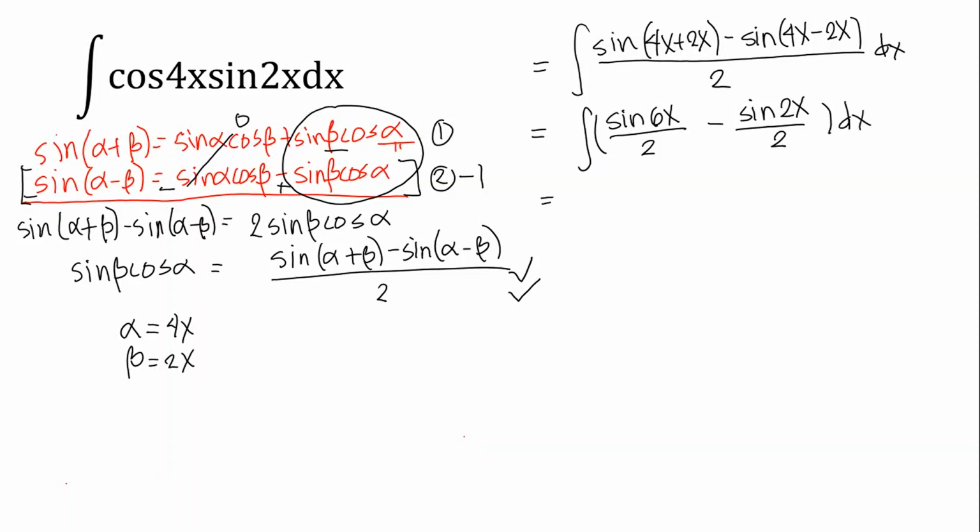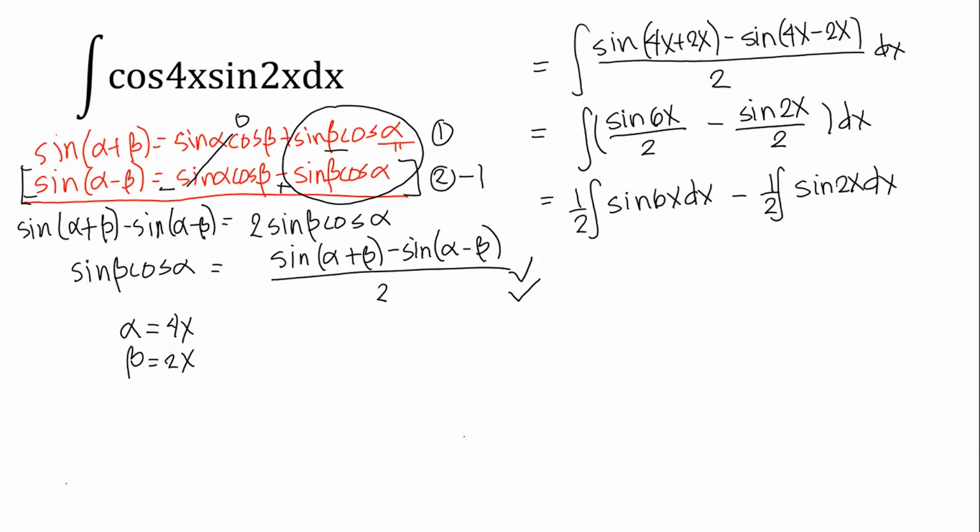To integrate it separately, I factor out 1/2, taking 1/2 outside of the integral sign since it is constant. That is sine 6x dx minus the integration of 1/2 sine 2x dx.